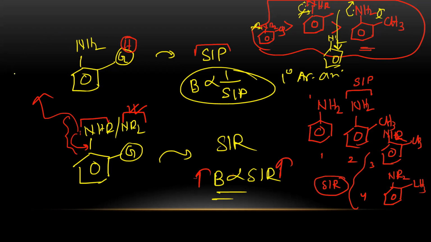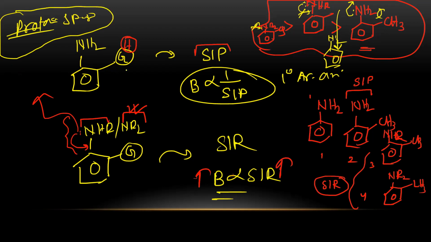But there is a special concept of proton sponge. As I am discussing aniline-type compounds, there's a concept of proton sponge. I will be discussing it in the next session. Proton sponge is a very special kind of problem where the basicity is exceptionally high. It's a kind of sponge that abstracts protons.